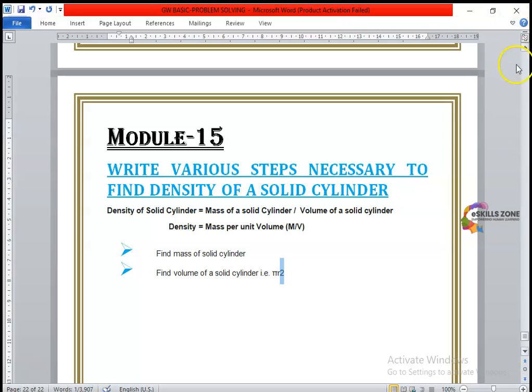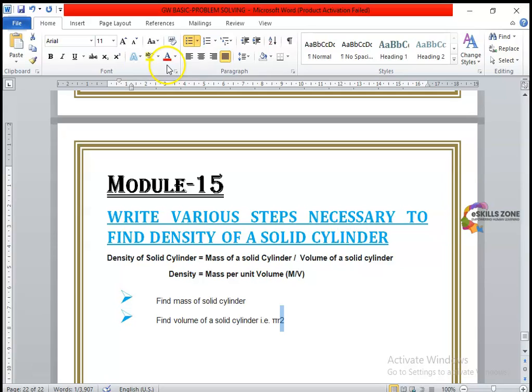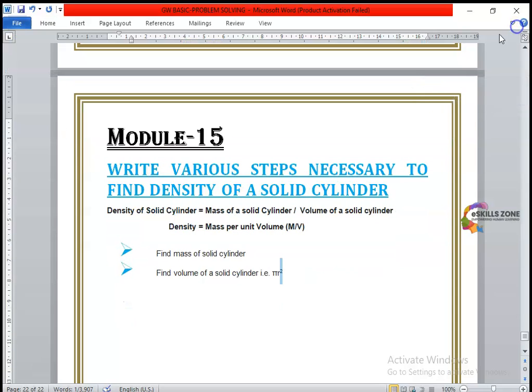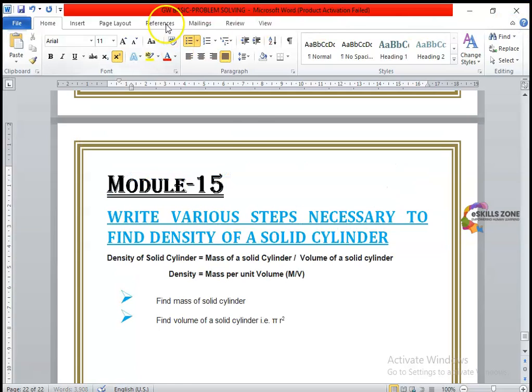This is the basic formula from which one can calculate the volume of a cylinder. This is how we're going to use this formula.